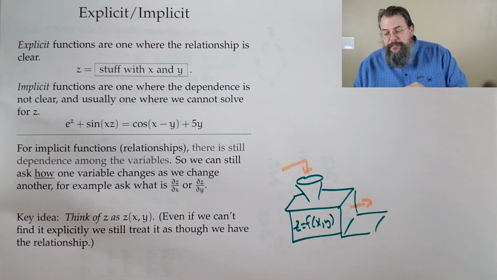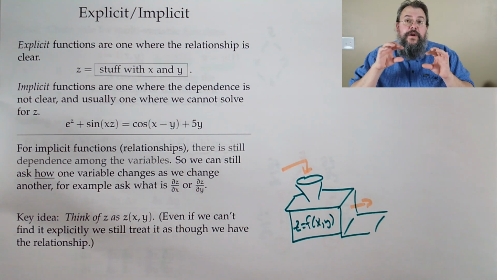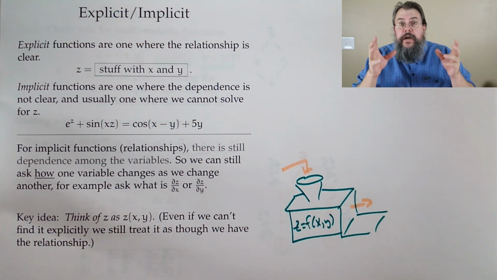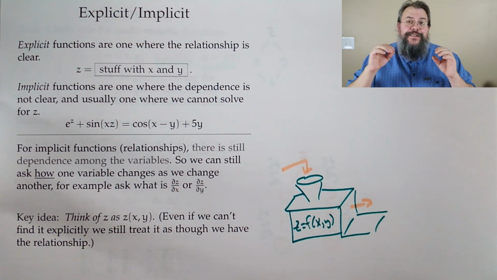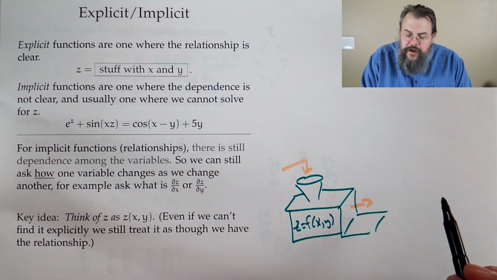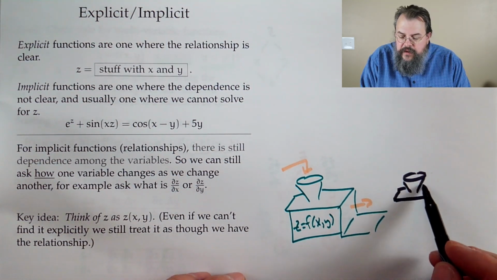But an implicit function is a little bit different. It's one where we can't solve for z as a function of x and y, or x as a function of y and z. We can't get the variable by itself. And in that case, what do you have? Well, you may have heard something called a black box.